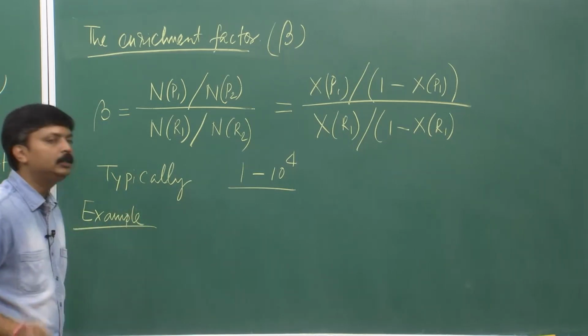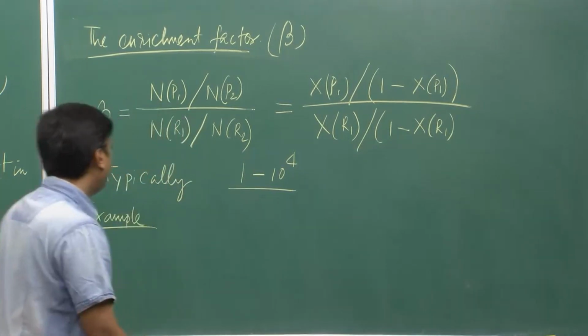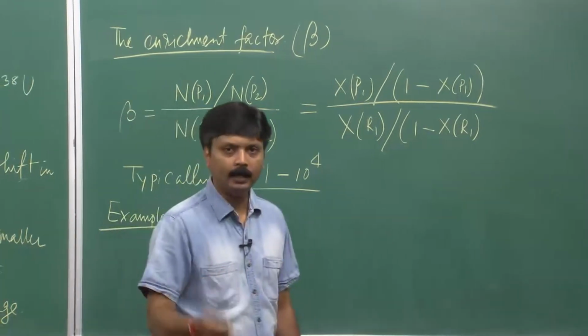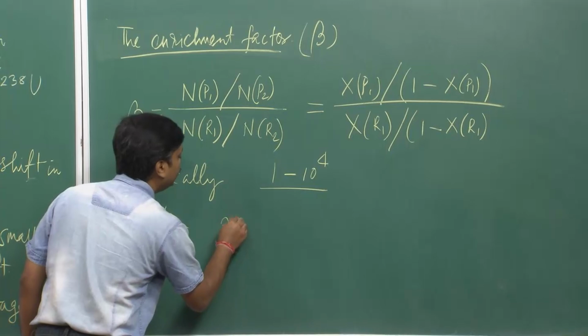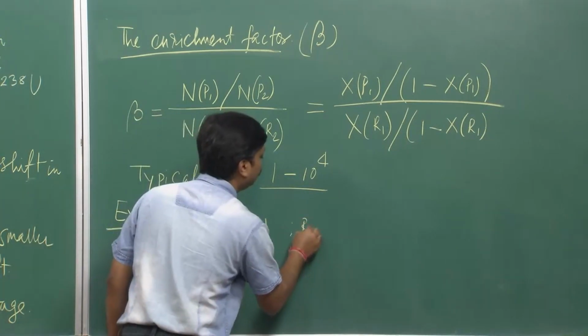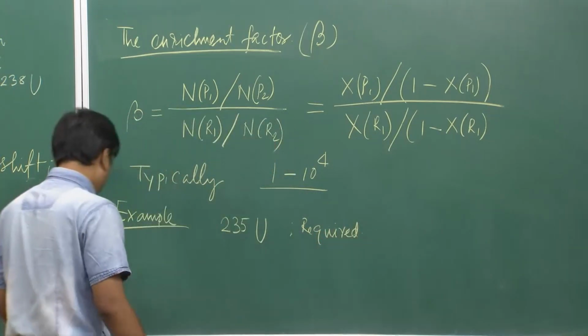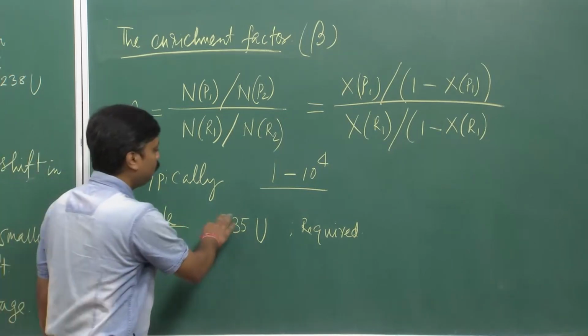So, this example is about the enrichment of uranium, and uranium is used as a fuel in nuclear reactors. Okay. So, in nuclear reactors uranium 235 is required, and this is the naturally occurring uranium.